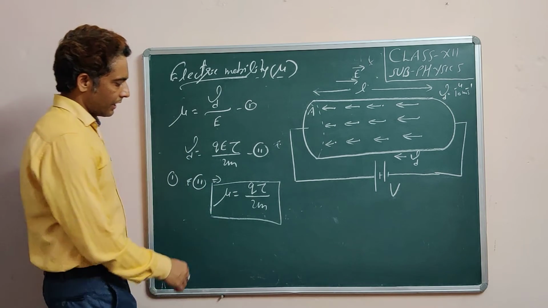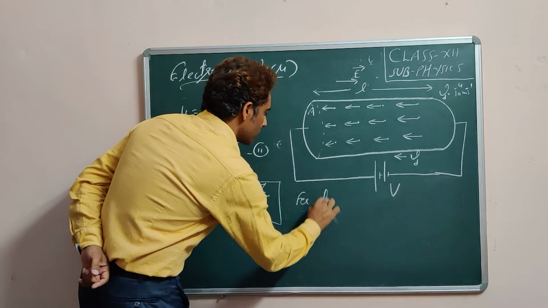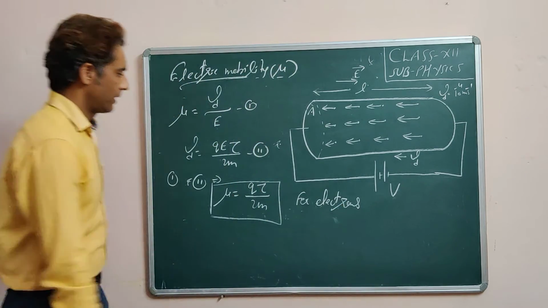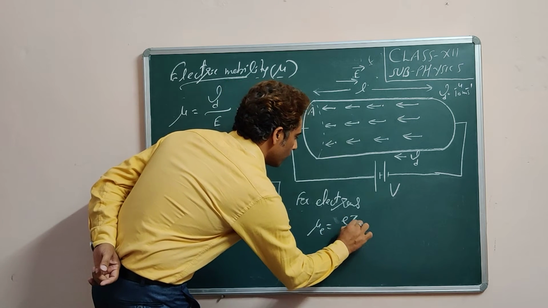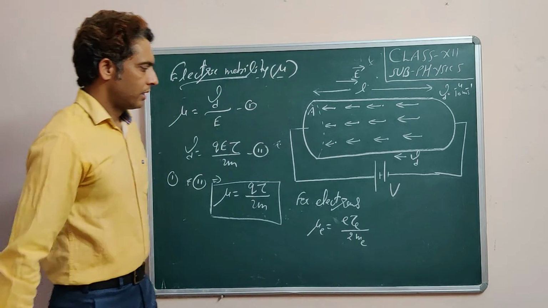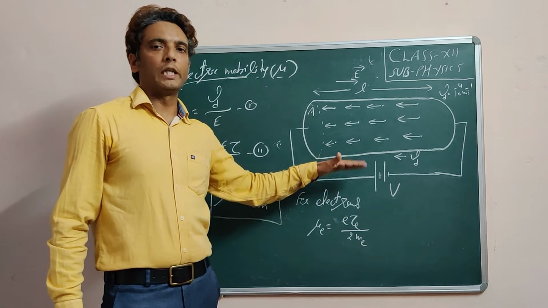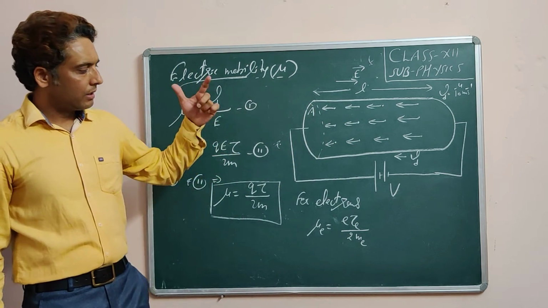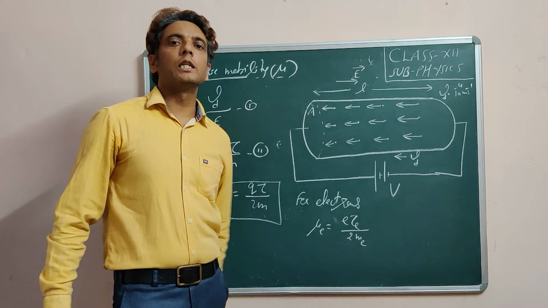So for electrons we can write μe is equal to eτe over 2m. And electrons are the current carriers in case of metallic conductors, but if we talk about semiconductors, then there are electrons as well as holes as current carriers.